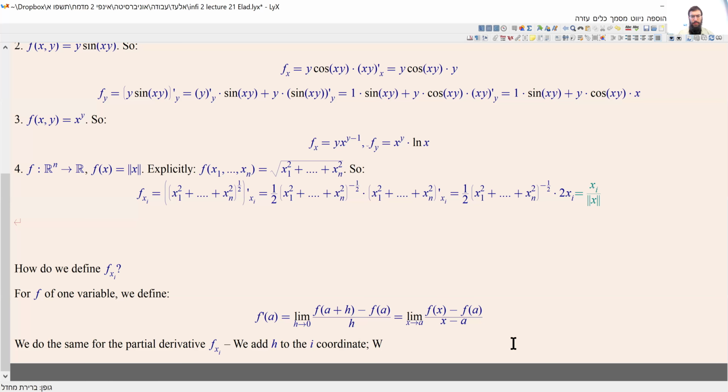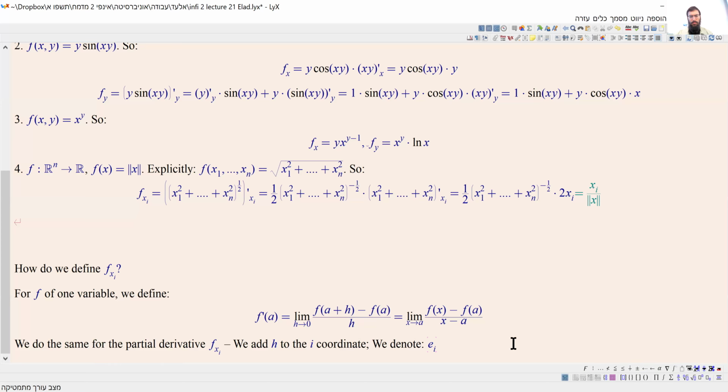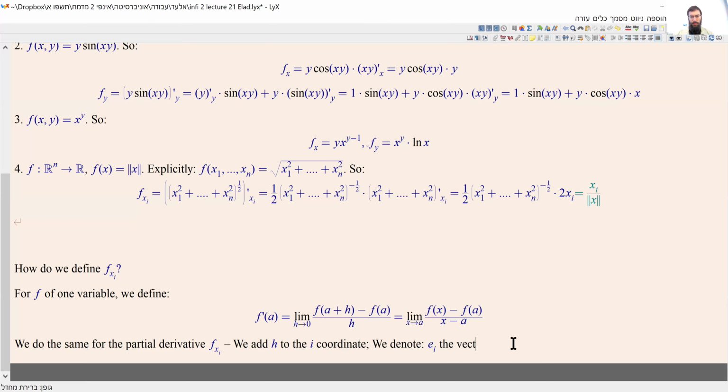We denote e_i, the vector of one in the i coordinate, and 0 in all the other coordinates.